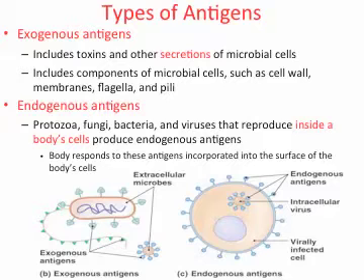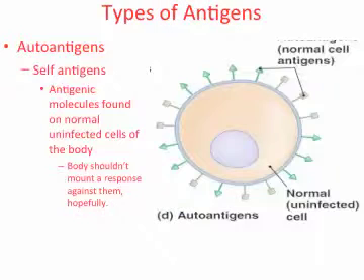And then on the right hand side of the cartoon, there are endogenous antigens. So it shows that you have an intracellular virus in an infected cell, and then the body will chop up that virus and display the endogenous antigens on the cell surface. Remember, if you listened to previous podcasts, we talked about autoantigens.